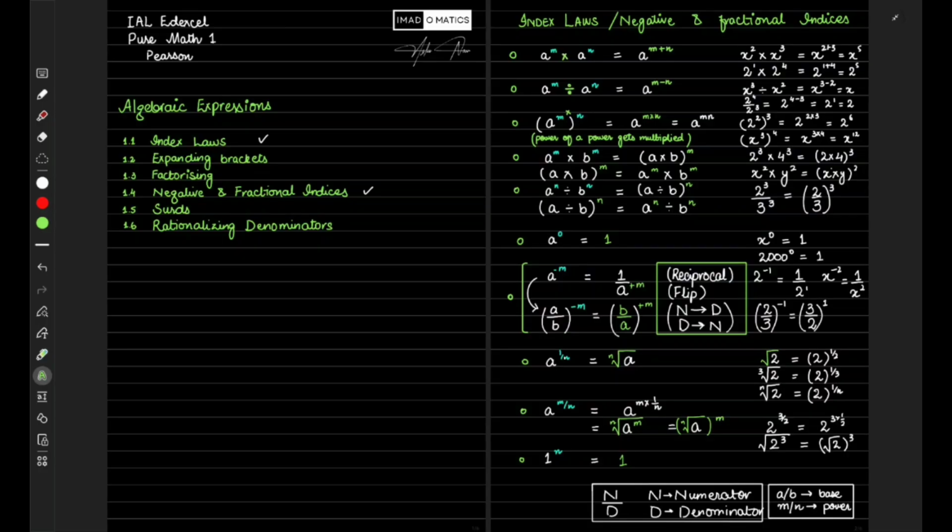Yes, most of the time one question in your papers is about these indices or surds. So we will be covering all these topics. Along with that, we will be sharing with you some solved recent topical questions. So I guess that's all about this first topic. I'll be sharing another video for the rest of the topics.